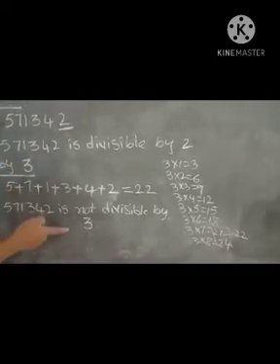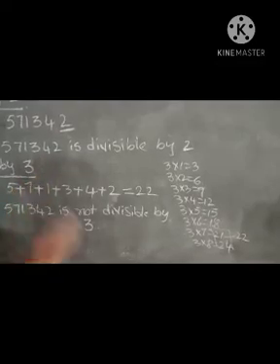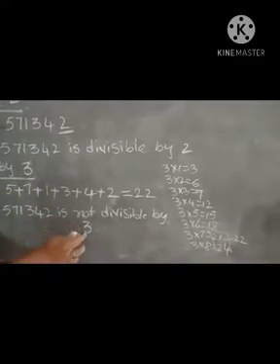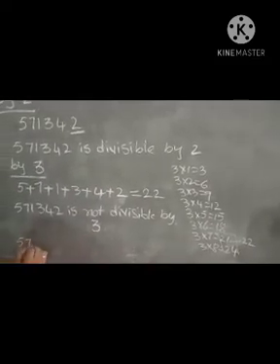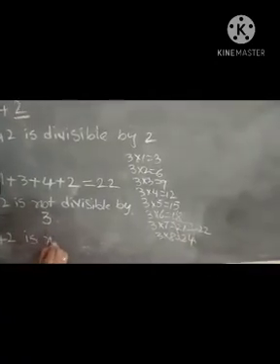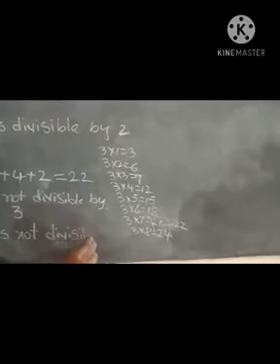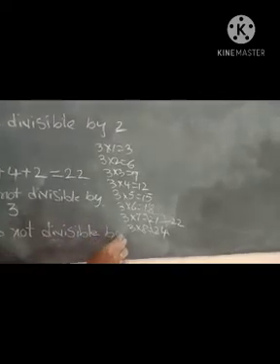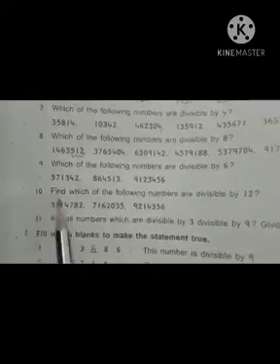So here the number is not divisible by 3, so the total number 571342 is not divisible by 6.